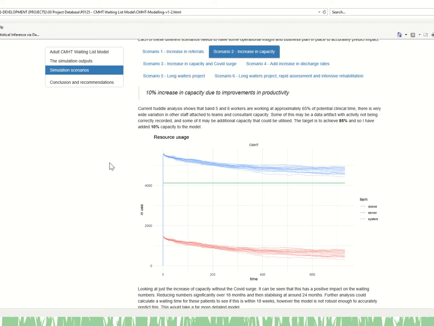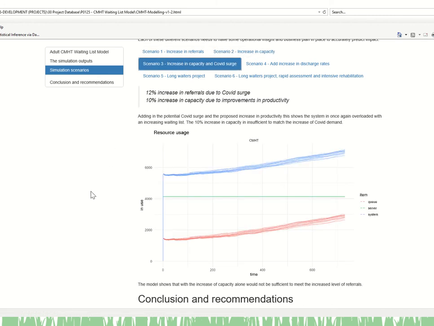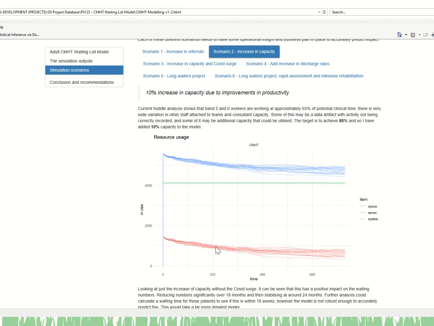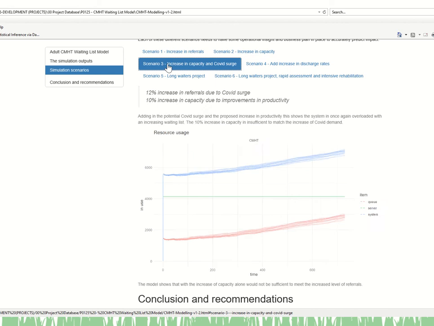And then my third scenario, what would happen if we had that increased capacity, but also that increase in referrals? So you can build it up very, very slowly. So if things stayed the same, we showed that with the increase in capacity, we would see a reduction in the waiting list.